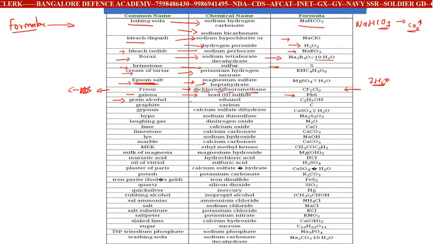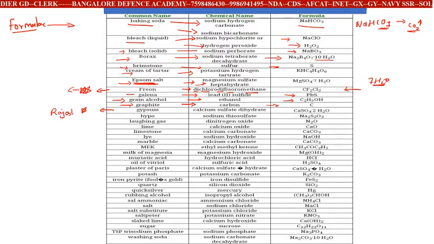Next you have grain alcohol, that is ethanol, C2H5OH, and you have graphite, that is carbon, C. Graphite is a form of carbon, or you can say an allotrope of carbon. Next, very important, gypsum. Gypsum is found mostly in parts of Rajasthan, and this was a question asked in your examination: gypsum is found in which part of India?